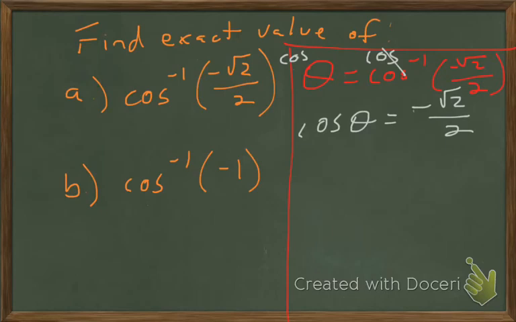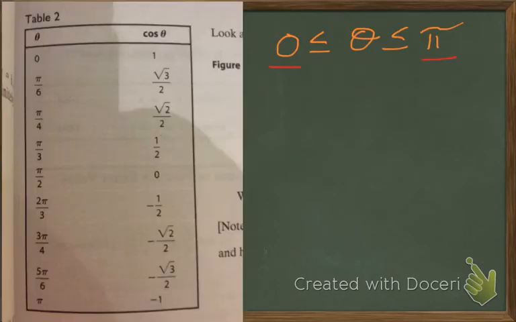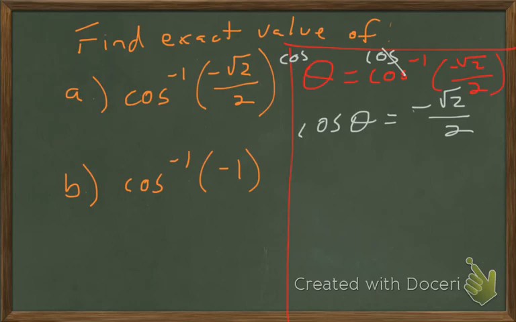So we look at our table and we find that -square root of 2 over 2 is right here, and that equals 3 pi over 4.